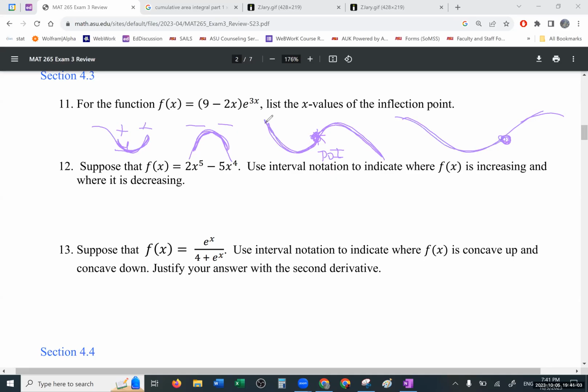That's a different story. That's your minimum, and that's your maximum. That's the first derivative test. Concavity is about the whole picture, where the function is decreasing with decreasing speed, or increasing with decreasing speed, and so on.